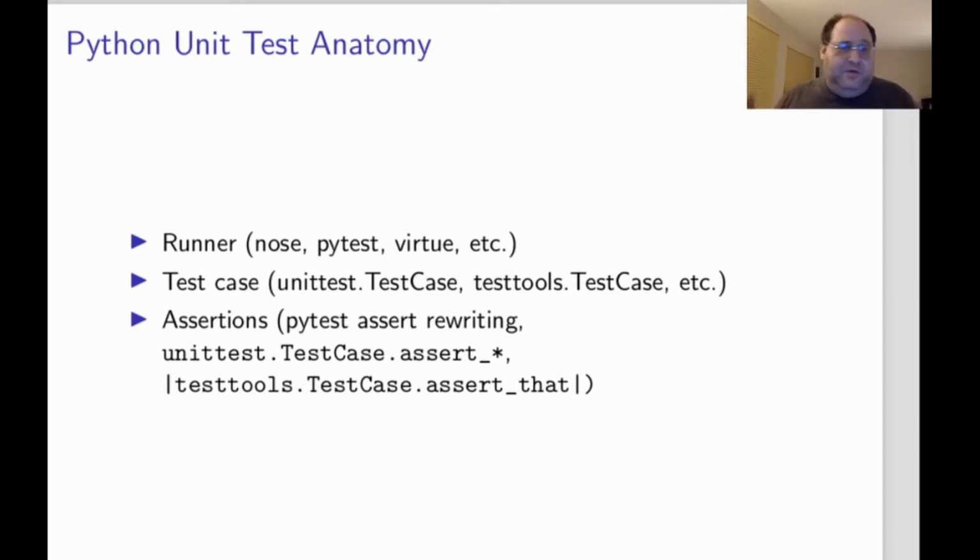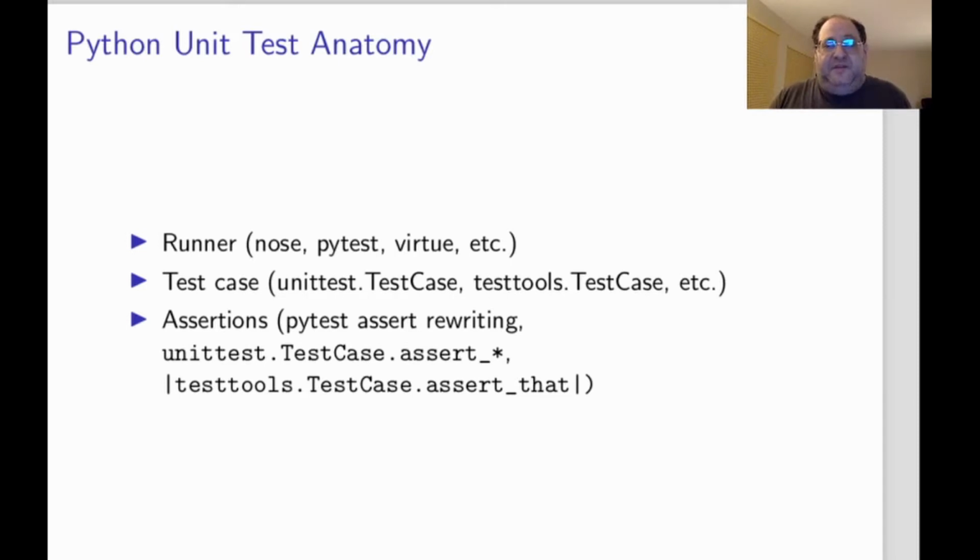Some things like nose or PyTest will support just plain functions as test cases, or maybe just classes that look exactly the way. Some things lean more on having some support inside the code for unit tests, like inheriting from unit test case, or other test tools, like testtools' test case.